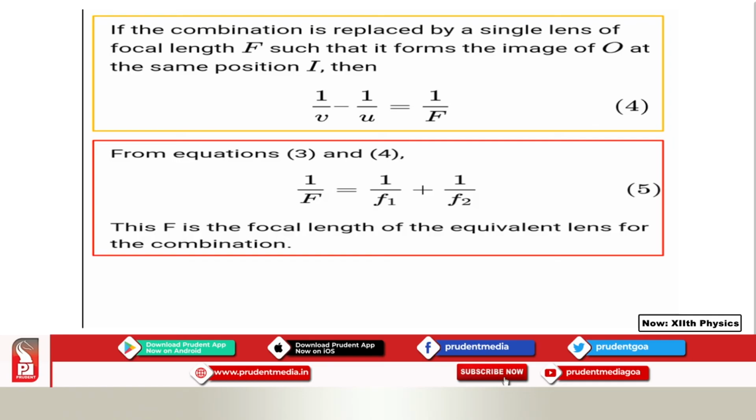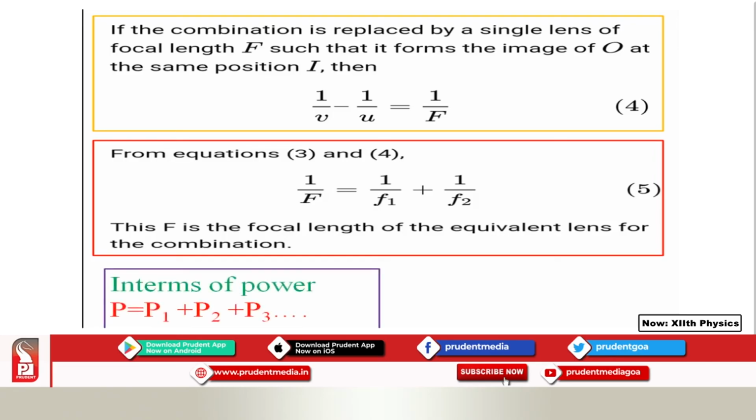So, what have we understood? If I have got two lenses in contact, I just need to add the reciprocals of the focal lengths to get the total, or 1 by f. What about in terms of the power? I know my power is 1 upon f. So, power of the combination is nothing but just the sum of individual powers.